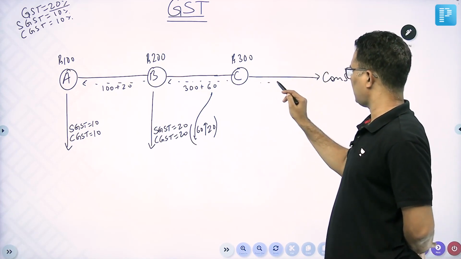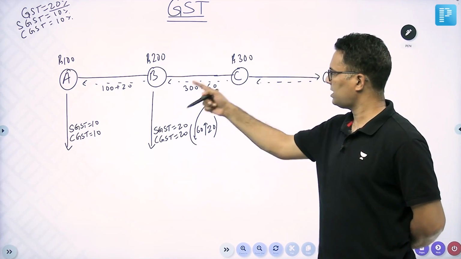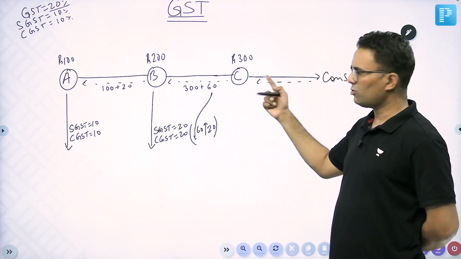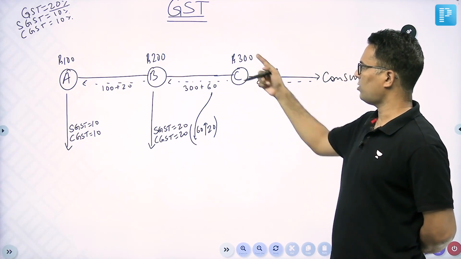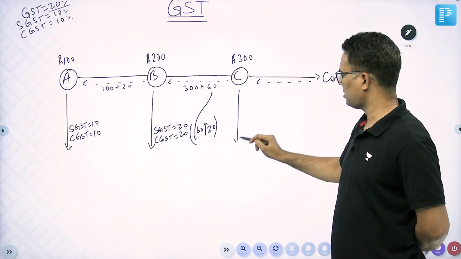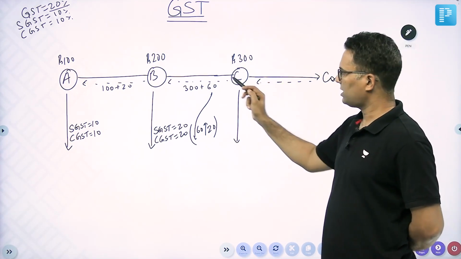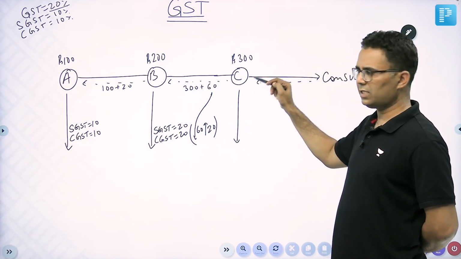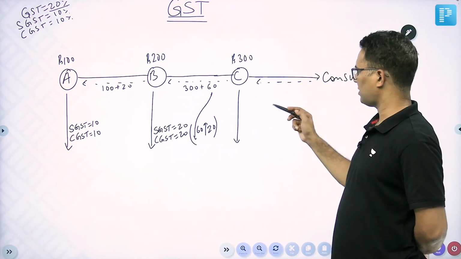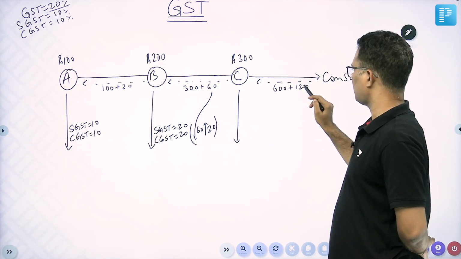Again C has already paid 360. So GST is basically VAT; C has paid 360. For his work he wants 300 and he will have to pay tax on his value addition, 20% means 60. So 360 he has paid, 300 he wants for his work and he has to pay 60. So 360 and 300 plus 60 is 720. So it will be 600 plus 120 tax.